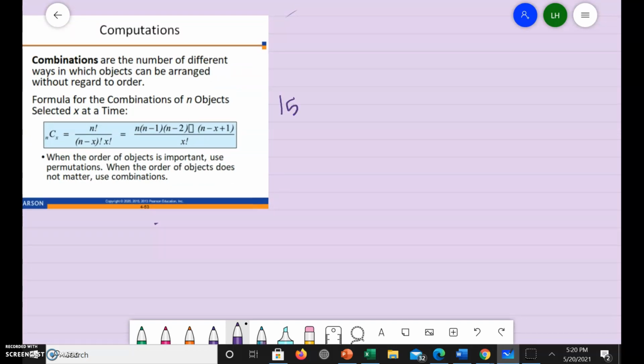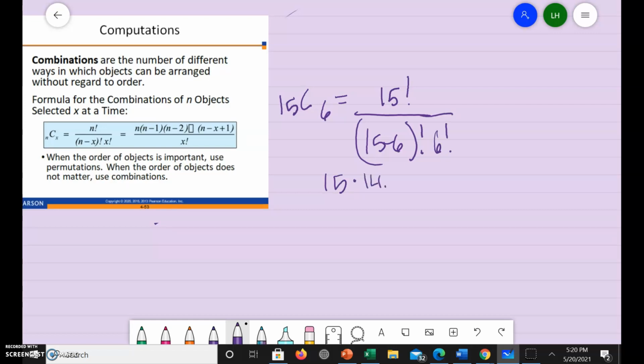That's going to be 15 times 14 times 13 times 12 times 11 times 10 times 9. And that's going to cancel.